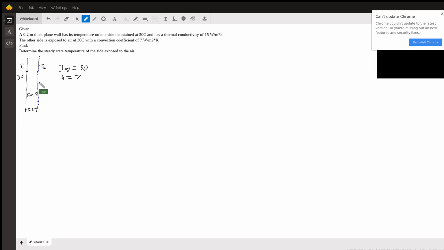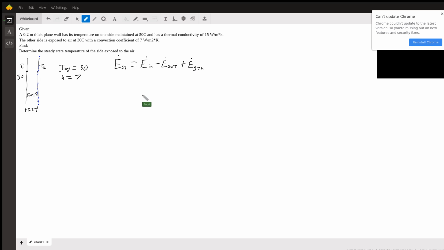at this surface, if we apply conservation, we know that the rate of energy stored is going to be equal to the rate of energy that comes in minus the rate that energy goes out plus the rate that energy is generated.